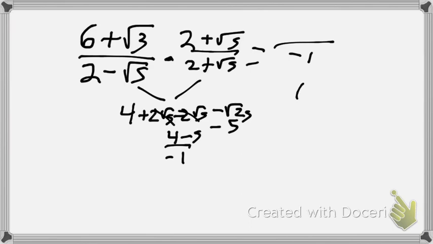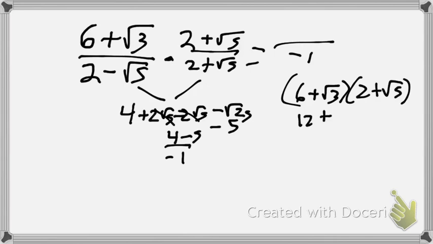The top, we simply FOIL those out, and that can get ugly. So we have 6 plus the square root of 3 times 2 plus the square root of 5. That gives me 12 plus 6 radical 5 plus 2 radical 3 plus the square root of 15. Now notice there we have absolutely no common terms.